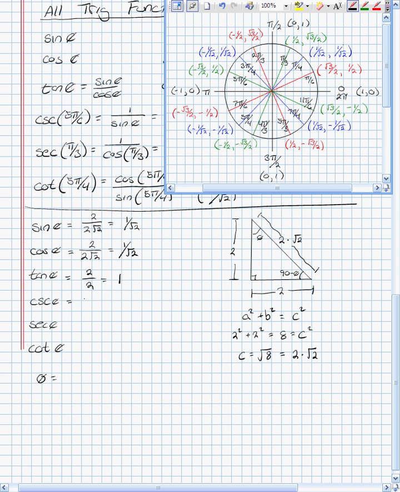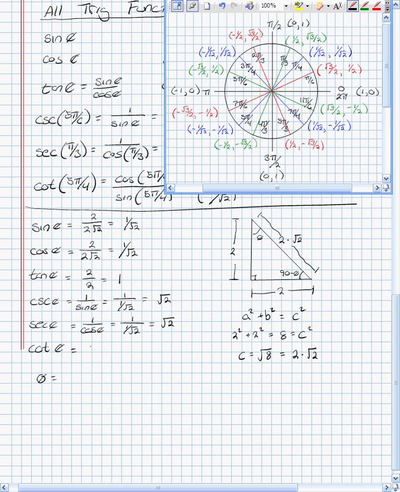The cosecant is 1 over sine theta. We already know that sine theta is equal to 1 over the square root of 2. So this is simply the square root of 2. Secant theta is 1 over cosine theta, which we already know is 1 over the square root of 2. So this is also the square root of 2.